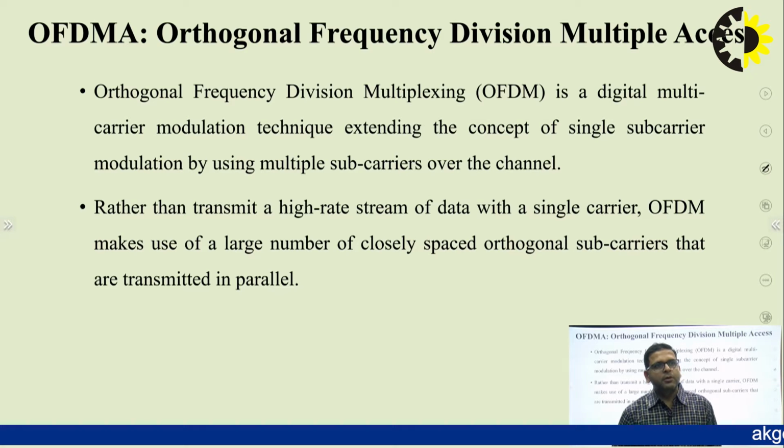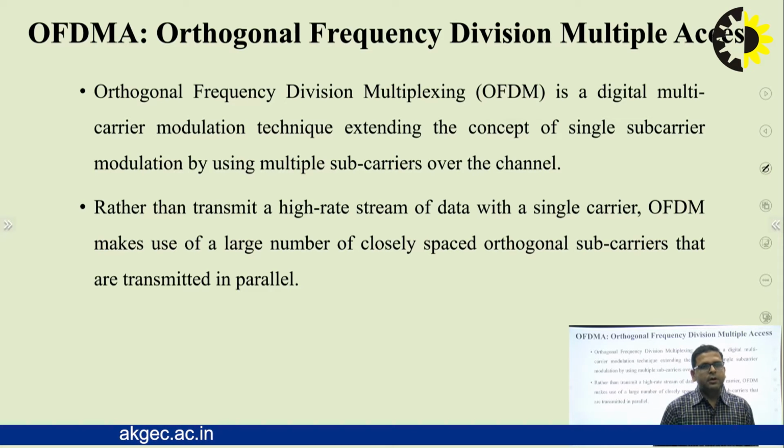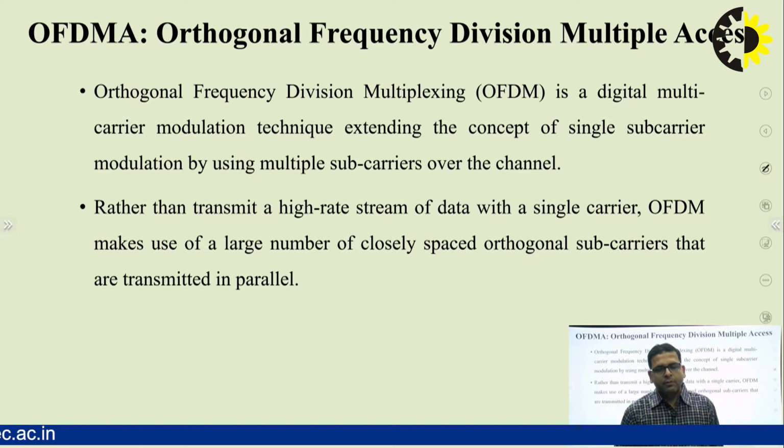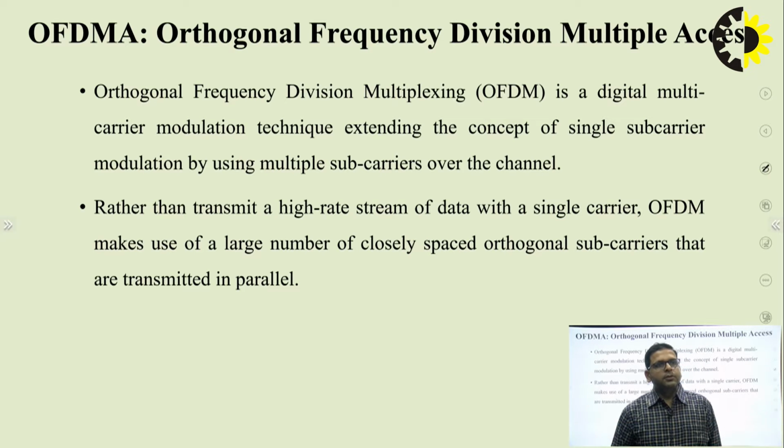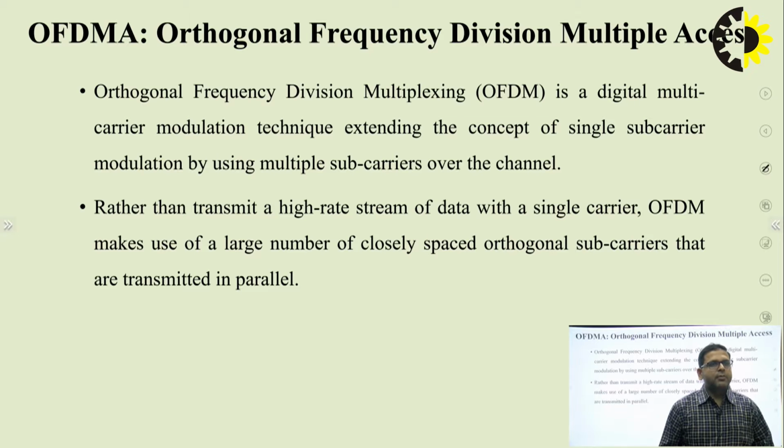To solve this problem, time division multiple access techniques are used, in which the channel is shared on a time basis. If there are 4 users, user 1 will utilize the first few seconds, for example, user 2 will be allotted the next time slot, and user 3 will utilize the next time slot after user 2. In this time division multiple access technique, there was a problem of synchronization.